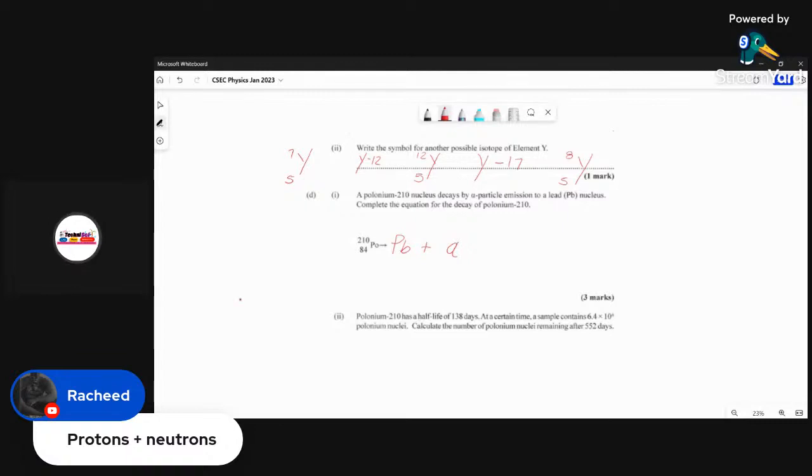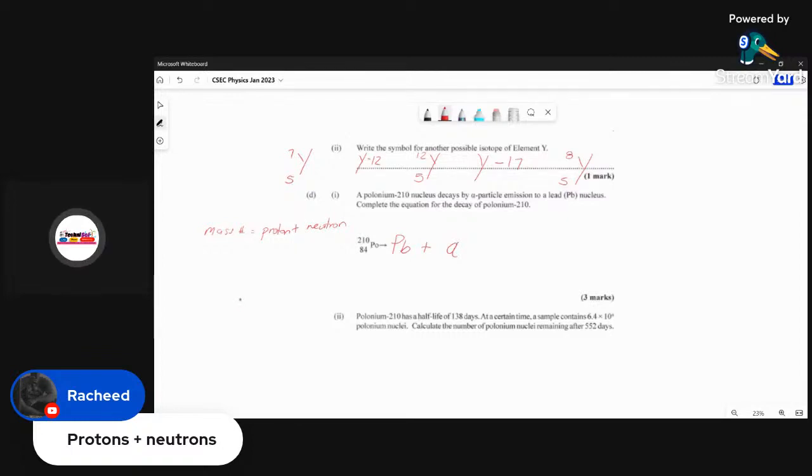So remember, mass number equals proton plus neutron. That's why up here I would have had 17, because the proton number is 5 and the neutron number is 12. When you add them, you get 17.